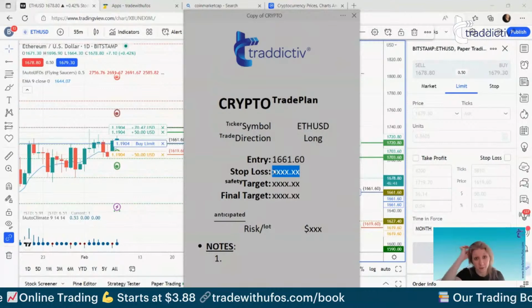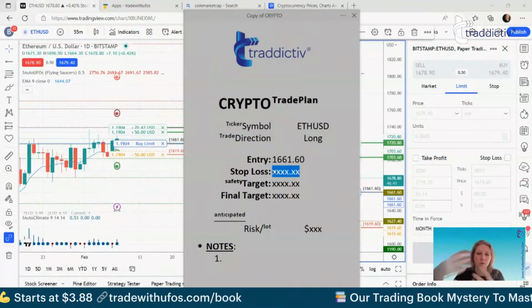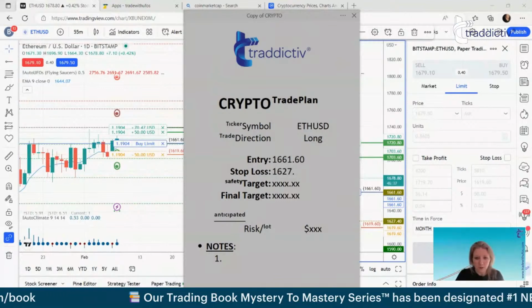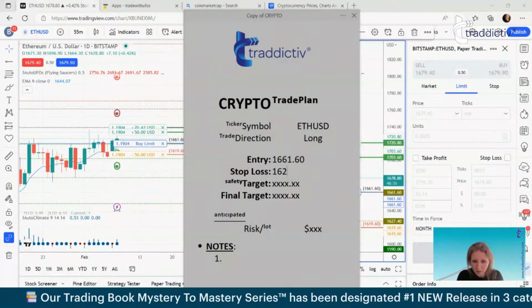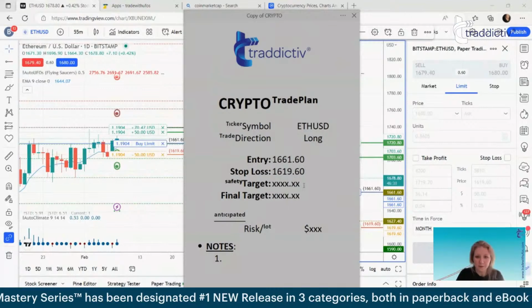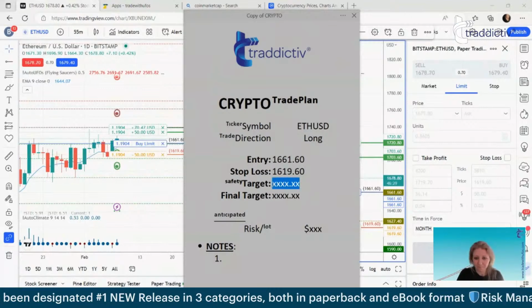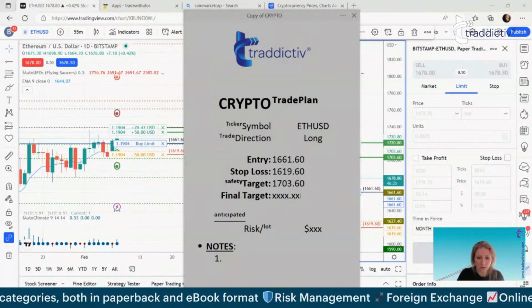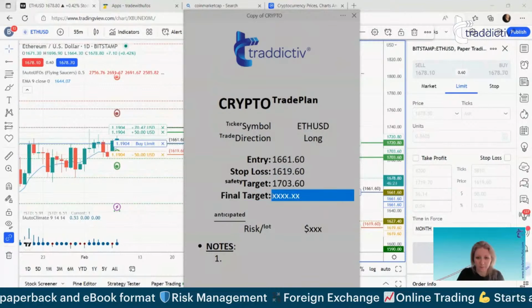So again, it might be slightly different on your platforms. Use the ones that you're actually trading through or your brokers that you're trading through. 1619.60 is going to be our stop loss. Safety target, 1703.6.